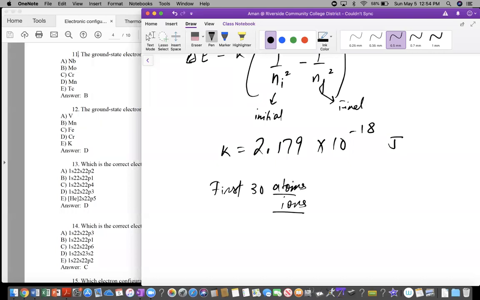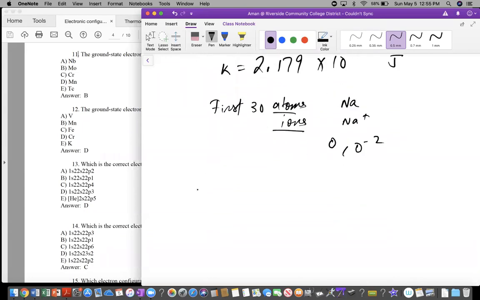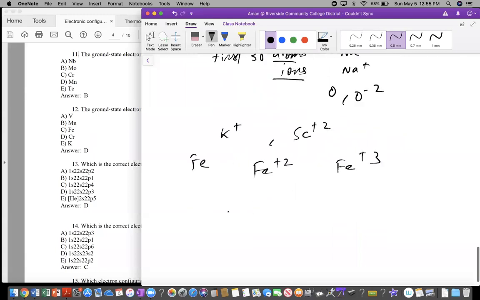Like for sodium, I could ask you sodium or sodium plus. For oxygen, I could ask you oxygen or oxygen -2. Sodium plus means you remove 1 electron. Oxygen -2 means you add 2 electrons. For potassium, I could ask you K+. For iron, I can ask you Fe+2 or Fe+3 or just Fe. So you should know all of them.